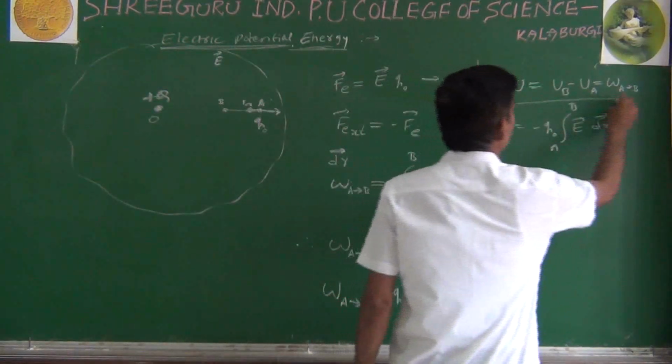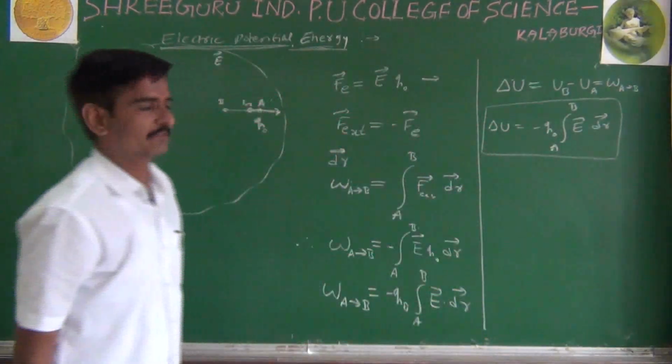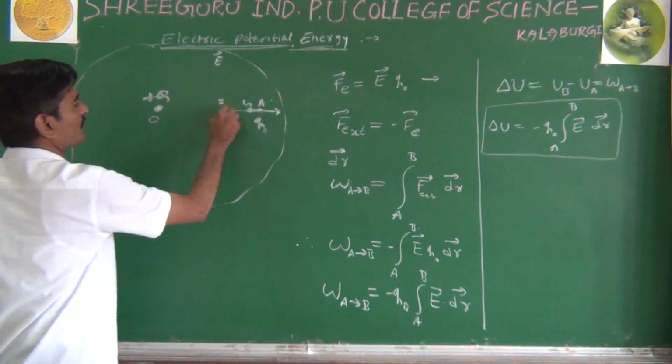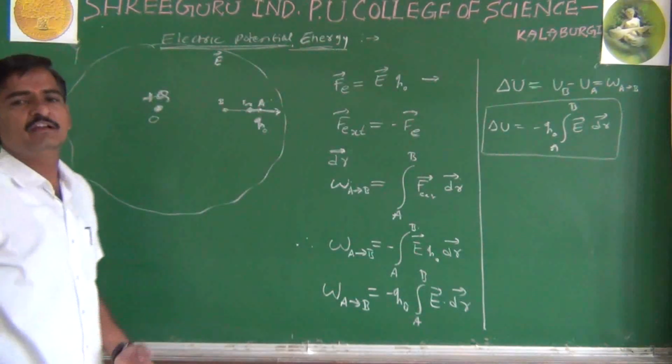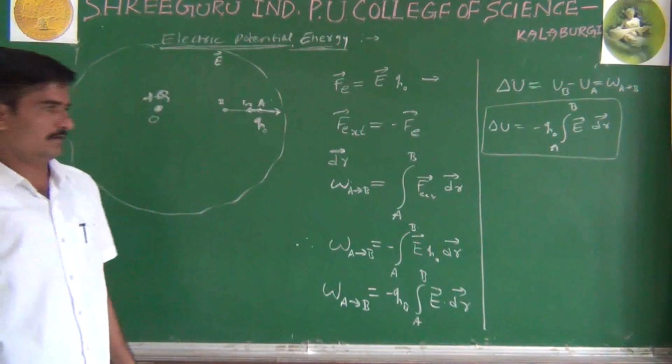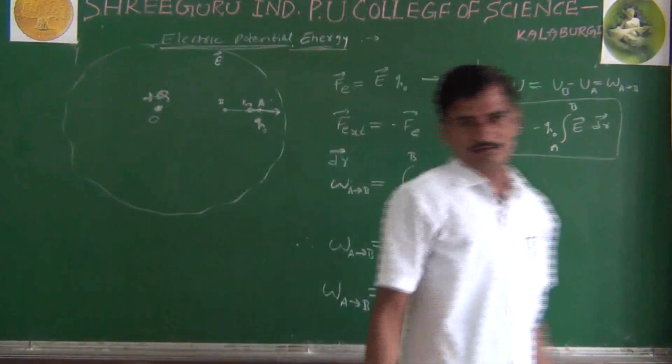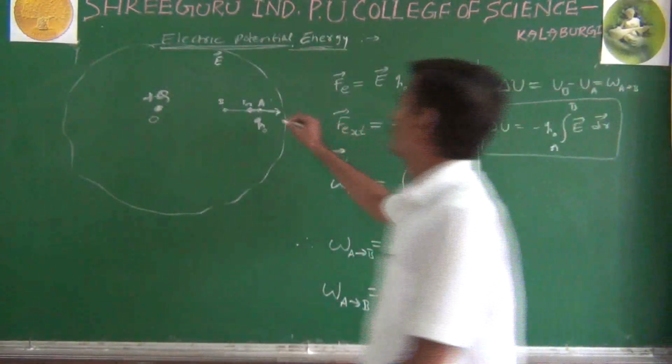So this is the potential energy difference, that is, the electrostatic potential energy difference between the points A and B in the electric field. So how will you define this?